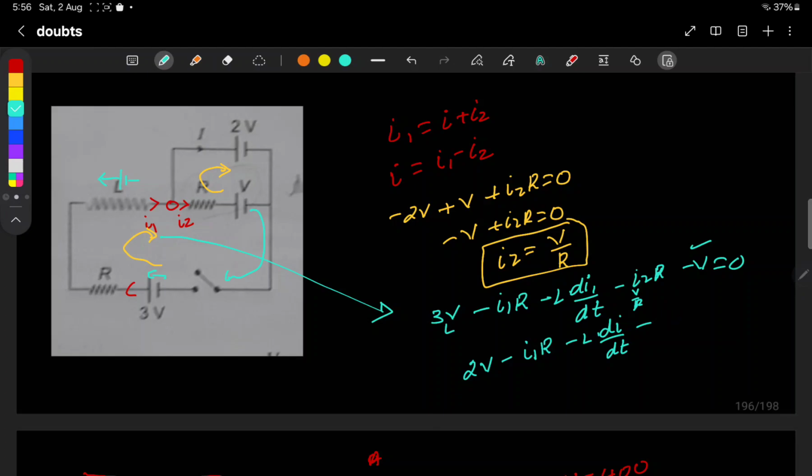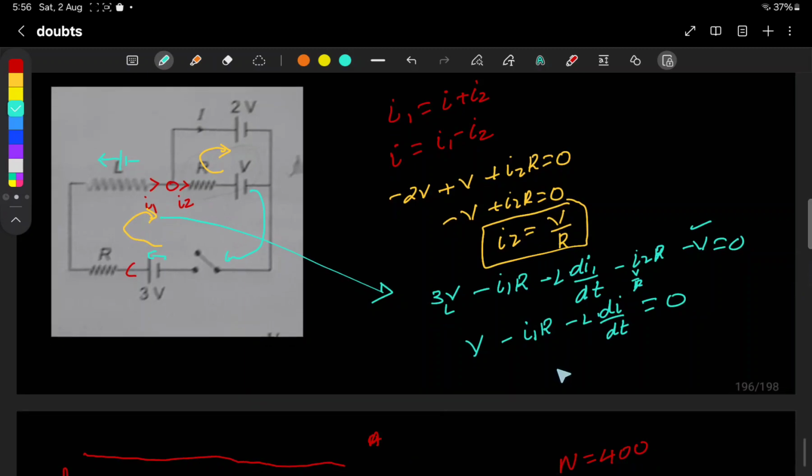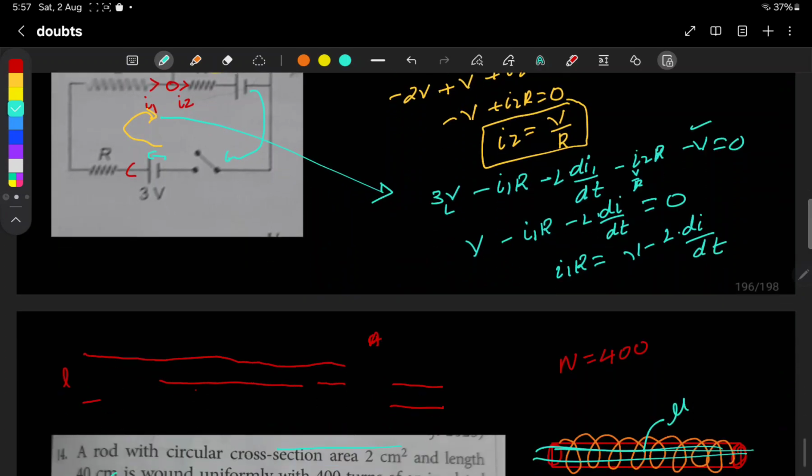I will get directly minus V, is equal to 0. If I substitute that, 2V minus V is again V. So V minus I1 R minus L into di by dt is equal to 0. Here our idea is to find what is I1. So I1 R is equal to V minus L into di by dt. This is the equation we are getting.